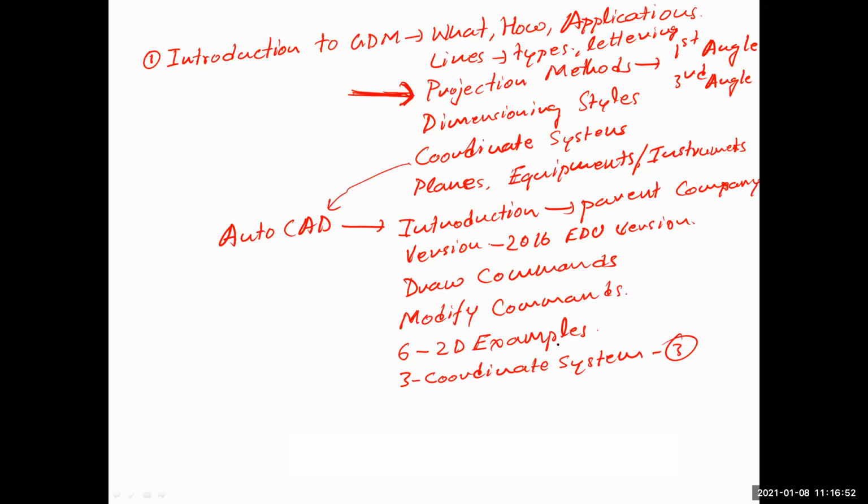I think they are 3 numbers. And thereafter, we have seen your orthographic projections, and as well as along with this, we have also seen your isometric projections.